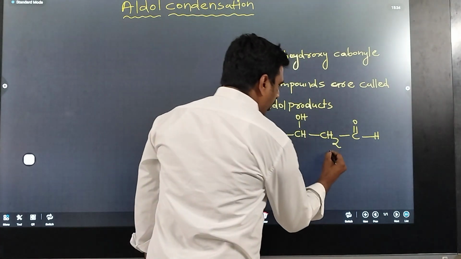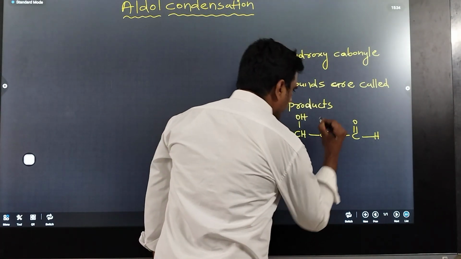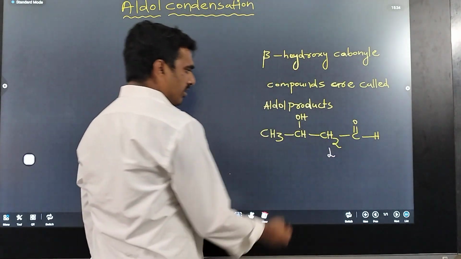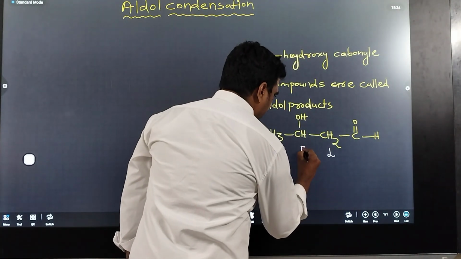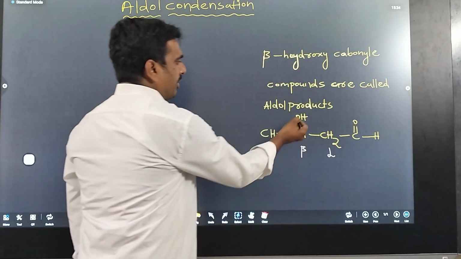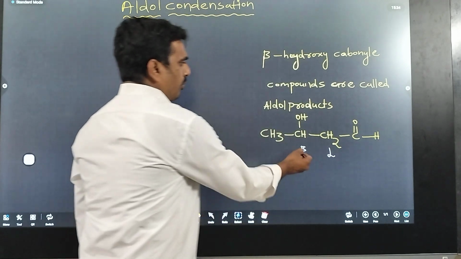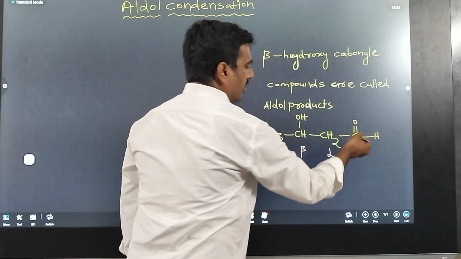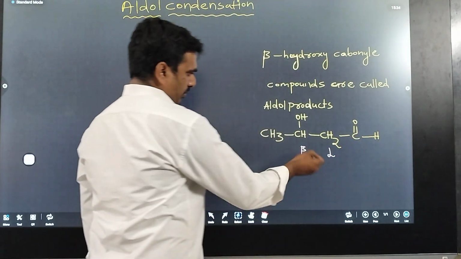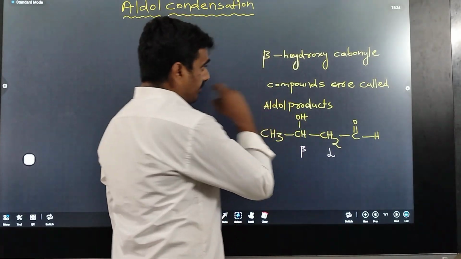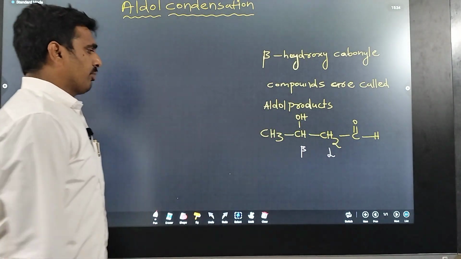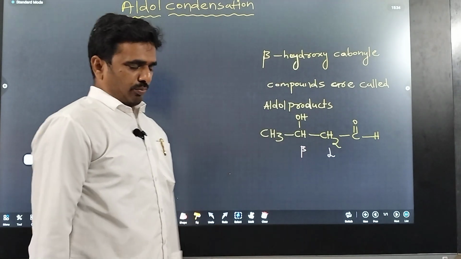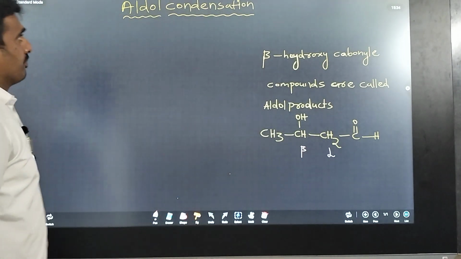The carbon adjacent to the functional group is called the alpha carbon. The next carbon is the beta carbon. So here a beta hydroxy group is there. This is the carbonyl functional group. So this compound is called an aldol product, a beta hydroxy carbonyl compound.